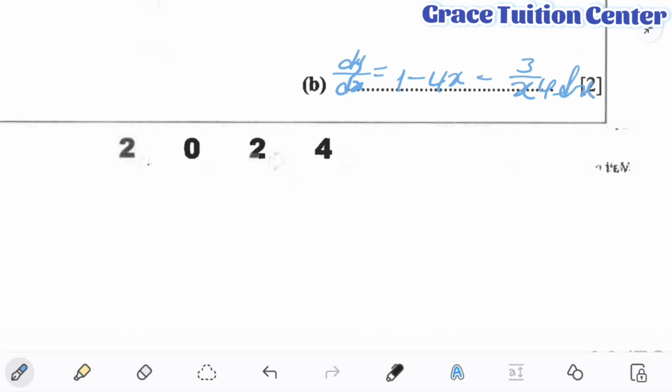The x means with respect to x. So if you put the x in front here, saying I was differentiating with respect to x. Is that okay?